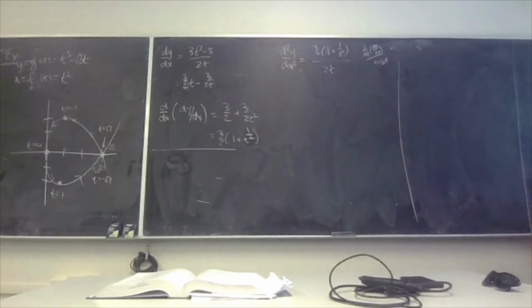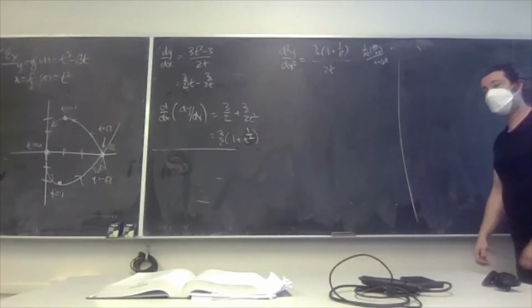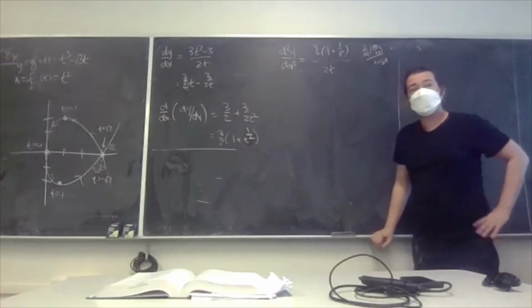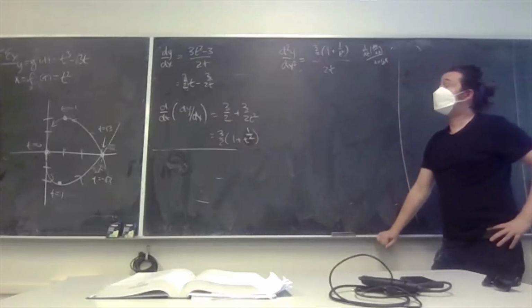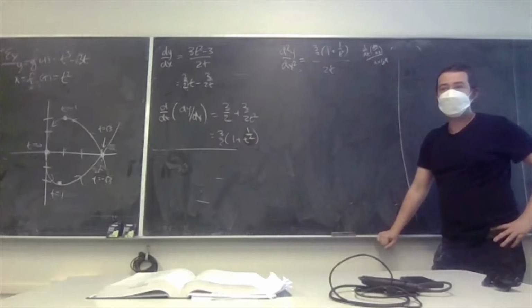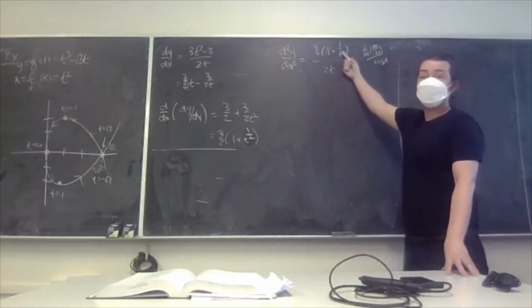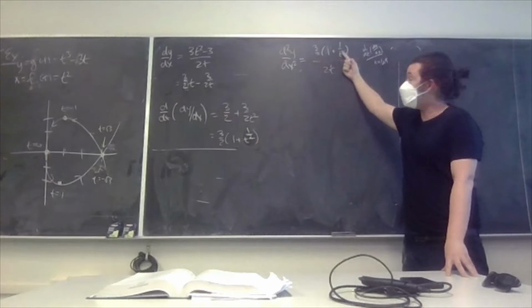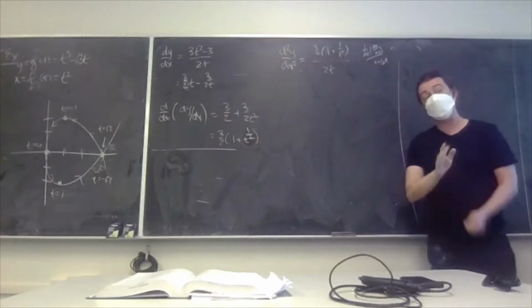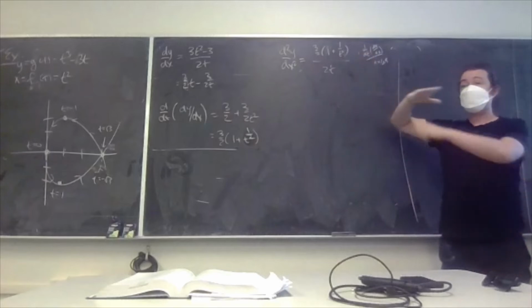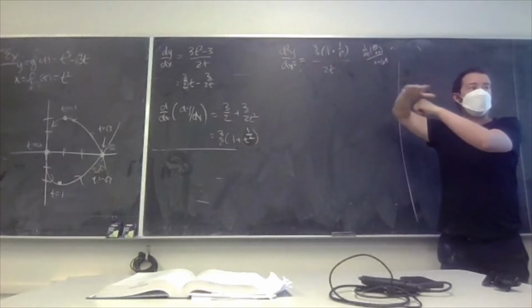All right. What are the critical points of that second derivative? Can the numerator ever be equal to 0? The numerator of this is never 0, right? This can never be equal to 0. So there's no critical points where the numerator is equal to 0. The numerator being 0 is sort of like horizontal tangent lines.